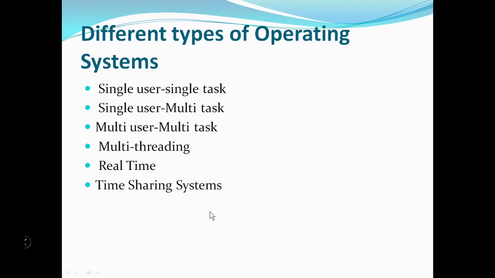That means at a particular time we can have only a single user, and that single user can perform only one task at a time. An example for this type of operating system is MS-DOS. Only one user can log into MS-DOS and perform only one single task at a given time. Then we have single user multitask.